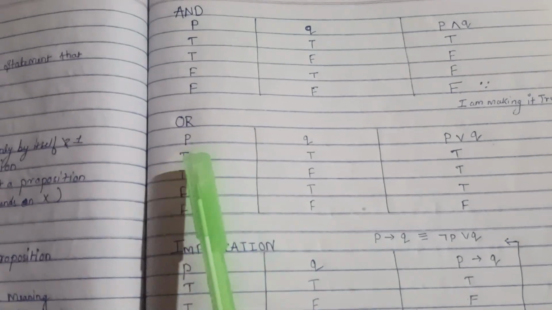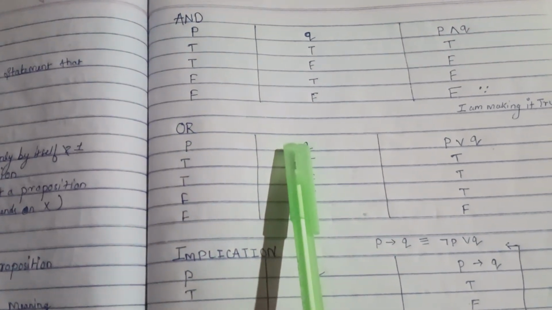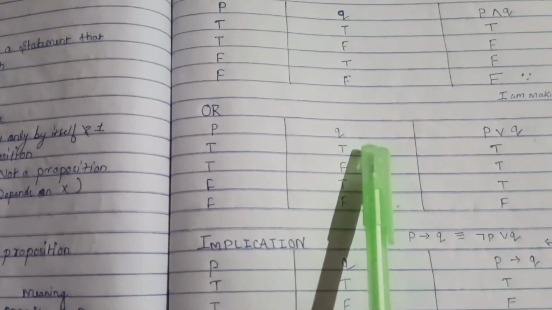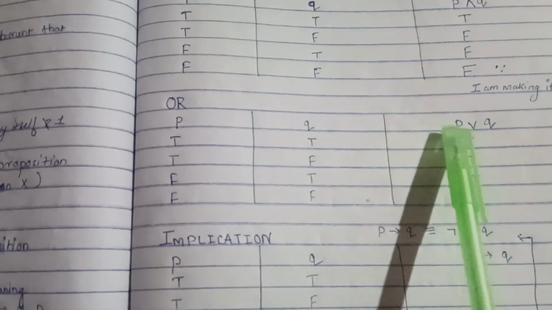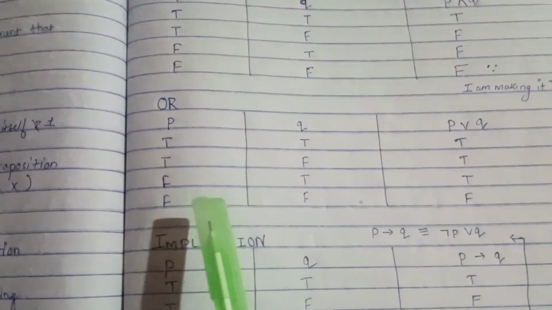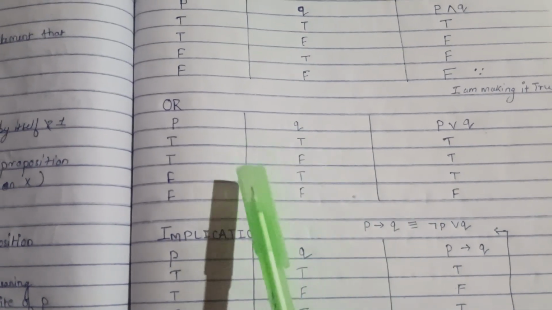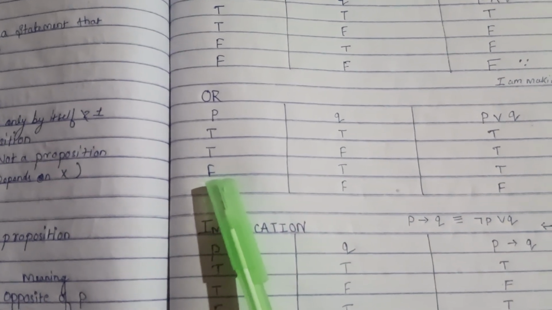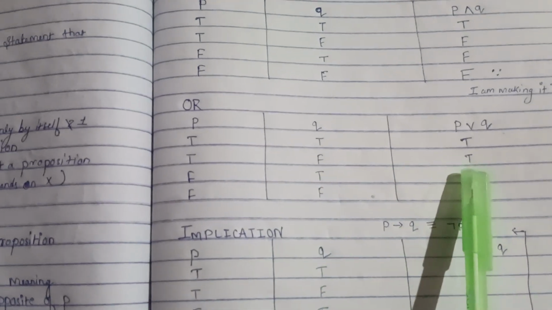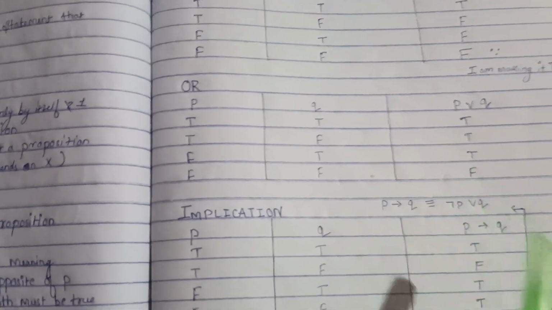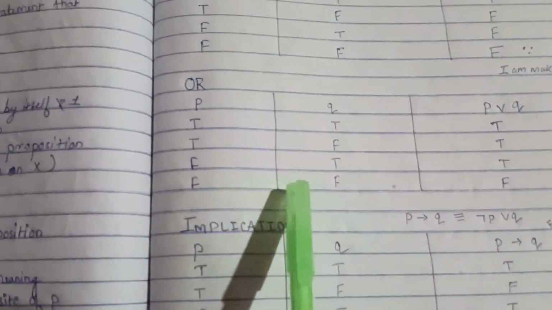If I get true from the P or from the Q, I will write the result true. Because I got true, I automatically write true. Here also I got true, so true. Here there is a false, but I see true here, so I will write true. And here false and false, so it will be false, because I need one true to write true.